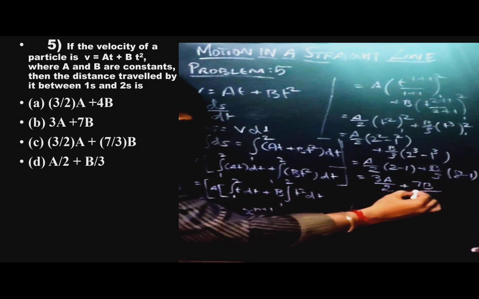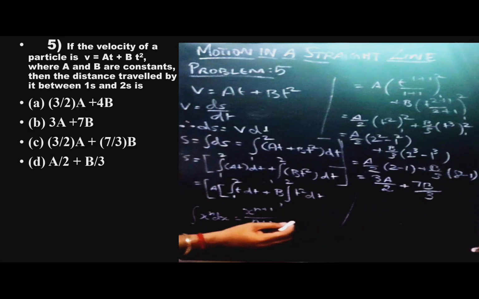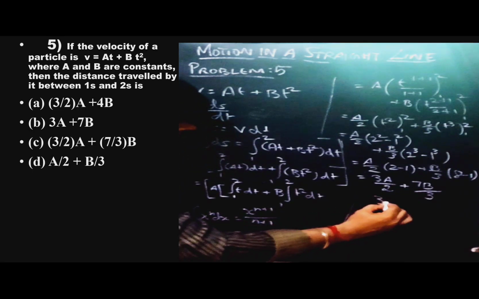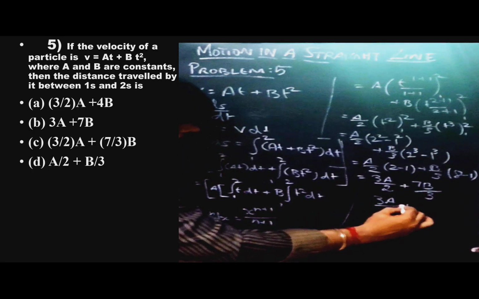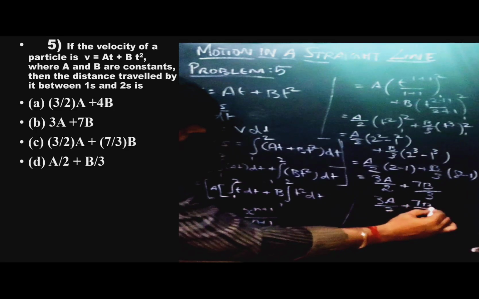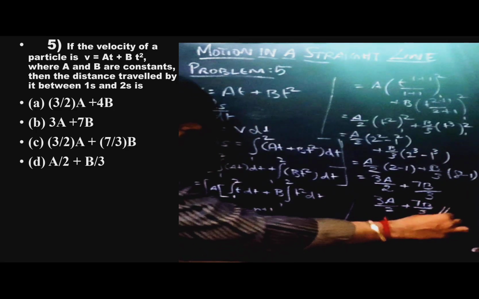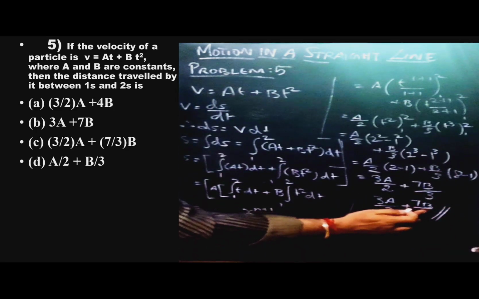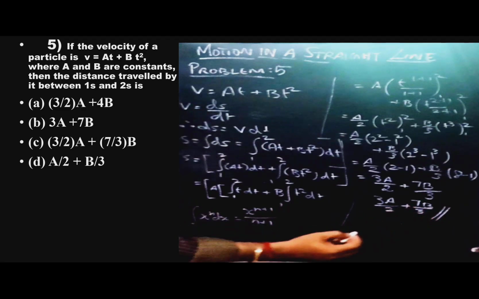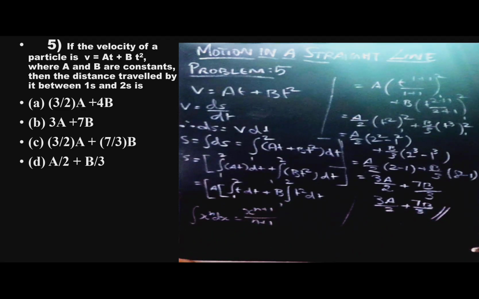So substituting here, it is 3a by 2 plus 7b by 3, which will be the answer.